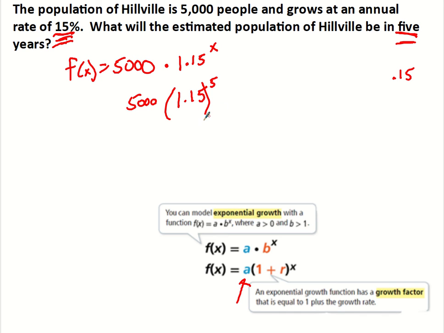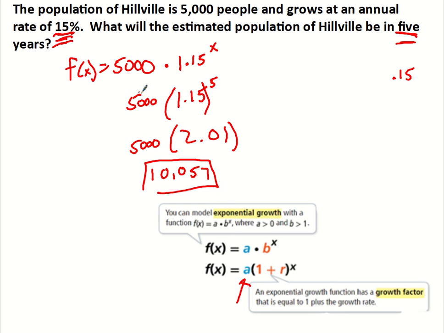After calculating, I get 2.01, rounded to the nearest hundredth. Now I'm going to multiply that by 5,000, and I'll get 10,057 by rounding. So that would be the new population after 5 years. The population has doubled by growing by 15% each year.